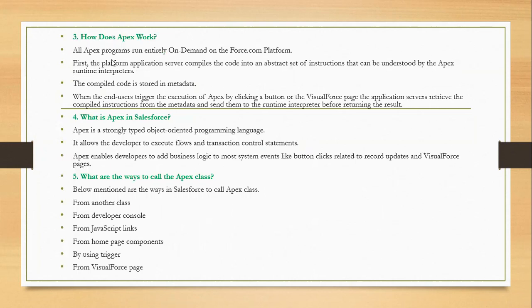How does Apex work? All Apex programs run entirely on demand on the Force.com platform. First, the platform's application server compiles the code into an abstract set of instructions that can be understood by the Apex runtime interpreter.